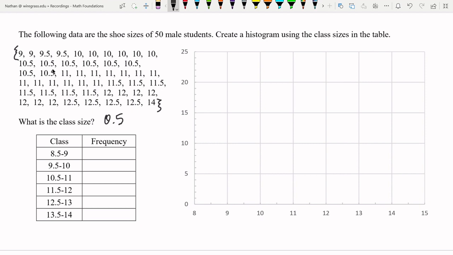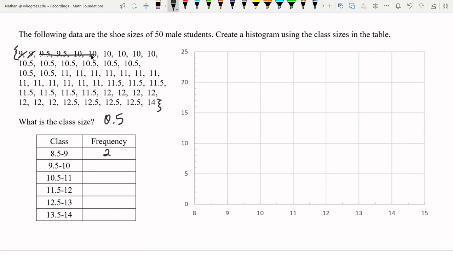This is already listed from lowest to highest. There is no 8.5, but there are 2 9s. So both of these are going to be included in this first class. There are 2 numbers that fit in this class. Then we're going to say 9.5 to 10. We have 1, 2, 3, 4, 5, 6, 7, 8.